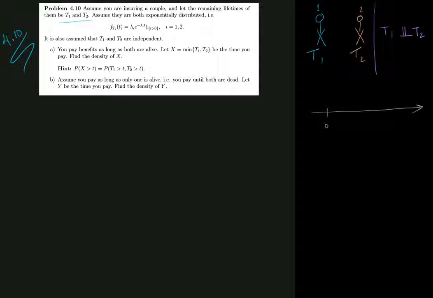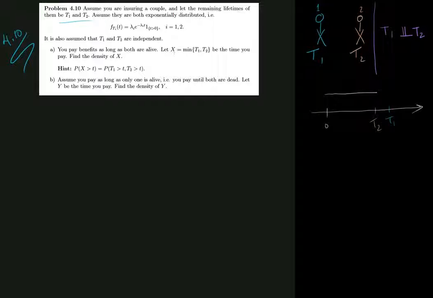Let's just assume that T1 falls here and T2 falls here. We pay benefits as long as both are alive. In this case, we pay until the first person dies. Boom. So this is how long we pay. So let X be the length of the interval of time where you pay benefits.